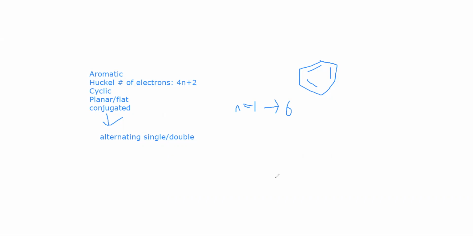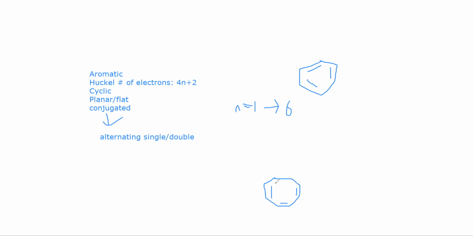So yeah, that's aromatic. If you drew this, this also has pi bonds. It has the right number of pi electrons. It's cyclic. It's almost conjugated, but in order for something to be aromatic, the whole cyclic structure has to be conjugated.